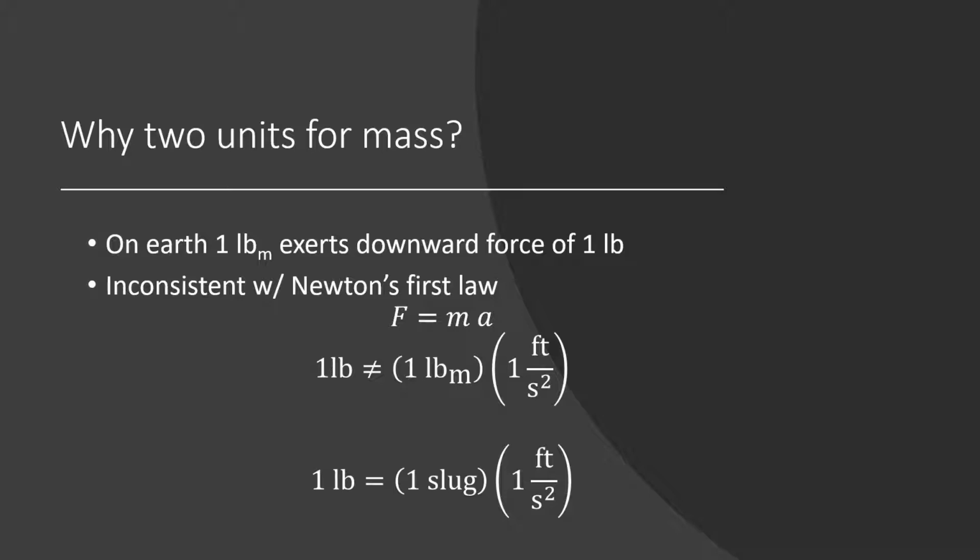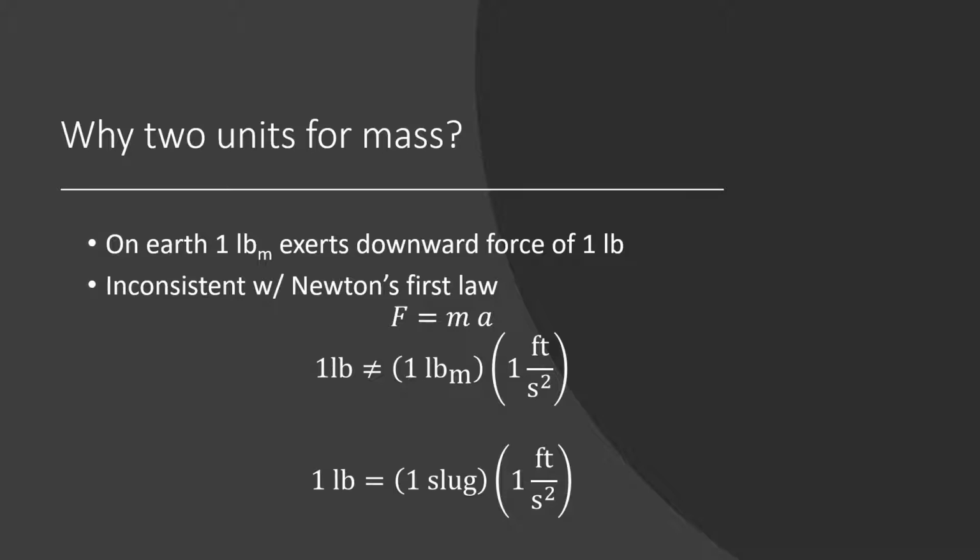If you're going to do any kind of problems like this in physics or in any engineering calculations, use a slug. Although what I probably recommend is use SI units, which are more internally consistent. But if you use a slug, then you end up with 1 pound equals 1 slug times 1 foot per second squared.